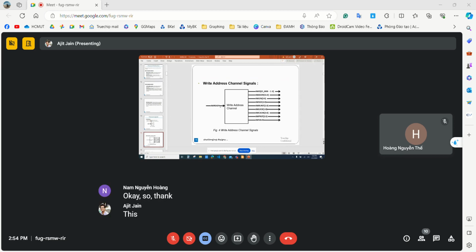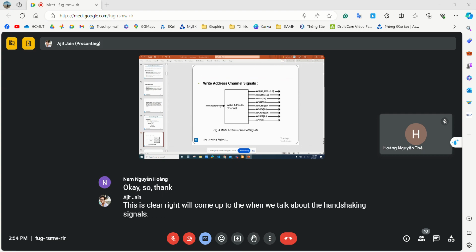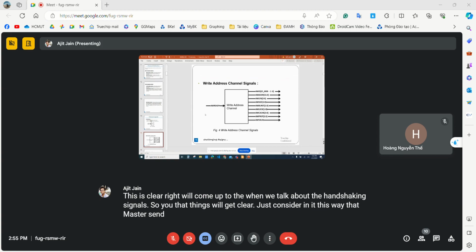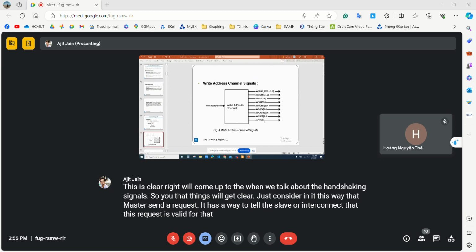This is clear, right? We'll come to it when we talk about the handshaking signals, so that things will get clear. Just consider it this way: master sends a request. It has a way to tell the slave or interconnect that this request is valid. For that, it has the AW valid signal, and the slave's duty is to accept that signal.